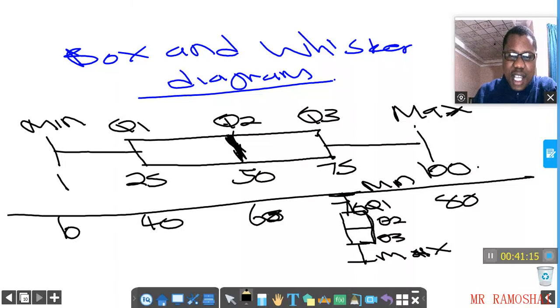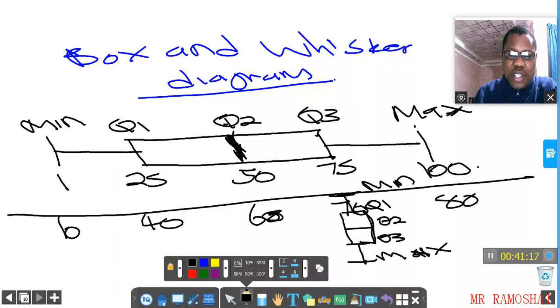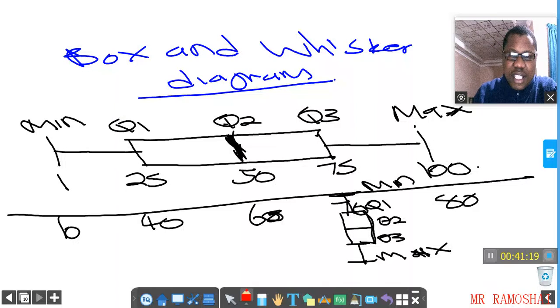It is aligned with quartile 2. What does it mean? It means that 50% of the whole class got less than 60 marks, whereas the other 50% of the class got more than 60.